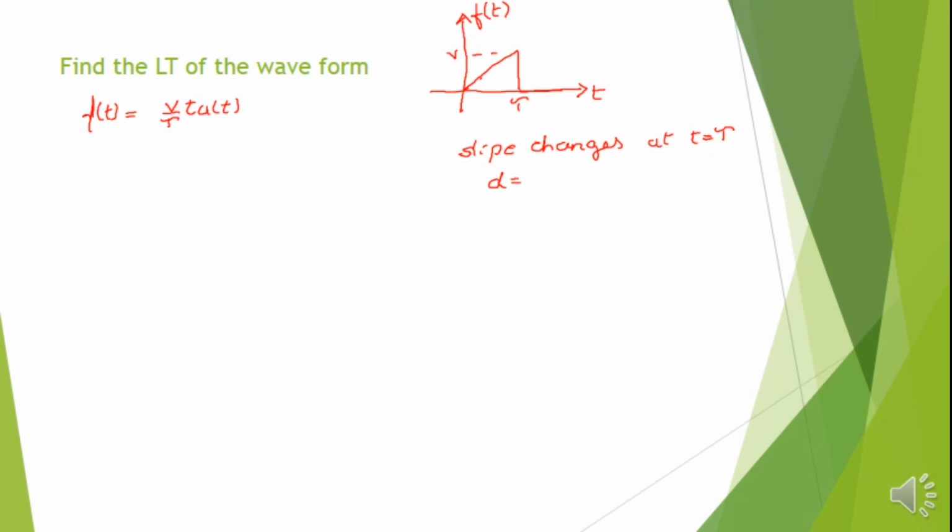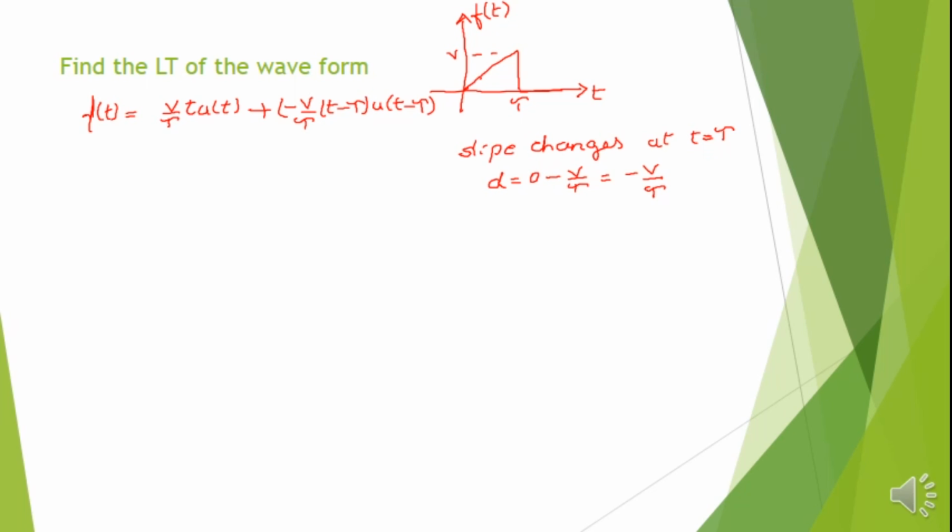So the change of slope is 0 minus V by tau, that is minus V by tau. So add minus V by tau (t minus tau) u of (t minus tau).